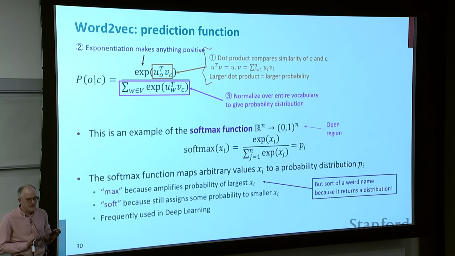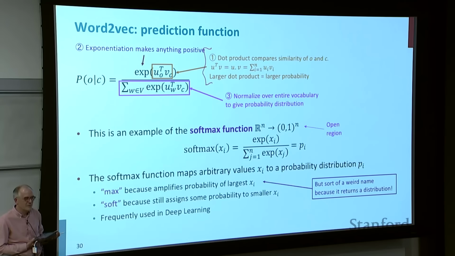And the answer to where the vectors are going to come from is we're going to turn this into an optimization problem. We have a large amount of text, and so we can hope to find word vectors that make the probability of the context of the words in our observed text as big as possible.